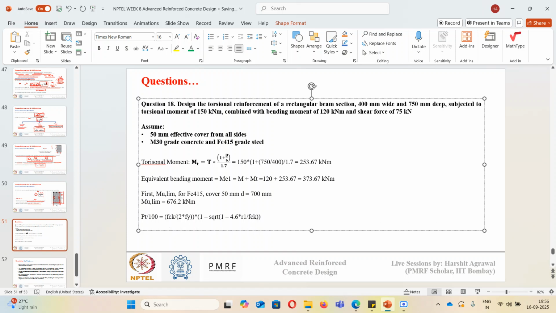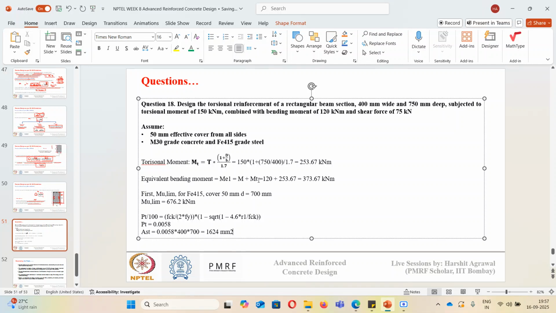Based on this relationship, when you solve, you will get the percentage longitudinal reinforcement required, 0.0058. For this, Ast will come out to be 0.0058 times 400 times 700, which is 1624 mm square. So this is the amount of reinforcement you need to provide on the tension side.